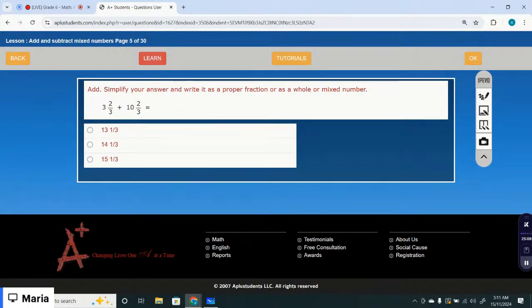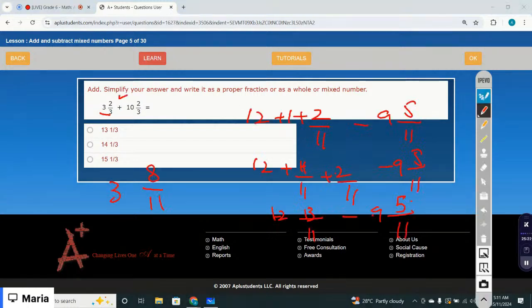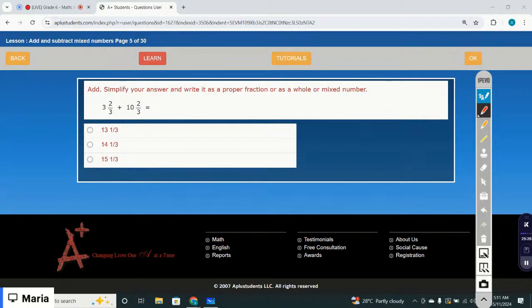The correct option is not 13 whole 1 over 3. You cannot write a numerator greater than the denominator, right? So what do you have to do?